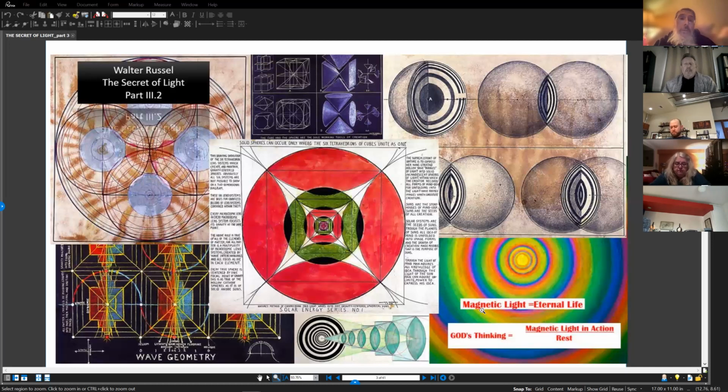We're either in a series of expansion or contraction, a continuing effect as we go from source to matter and then back to source. Magnetic light equals eternal life, and God's thinking is equal to magnetic light in action, or the wave, divided by rest.